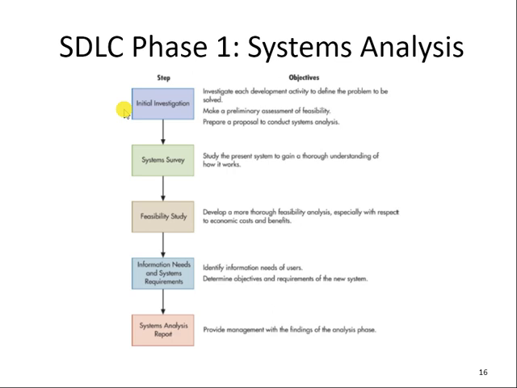So the next step is system survey. This is an extensive study of the current accounting information system. The objective of the system survey is to study the present system to gain a thorough understanding of how it works.